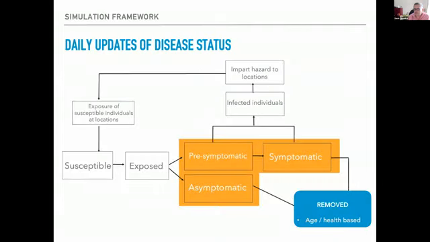Otherwise, we have infected individuals that then impart hazards to locations, and then exposed individuals will potentially, based on those hazards, become cases. As for the removed, there is a severity of being removed, obviously the most severe being death. The effects of having the disease, as to severity, are based on age and previous health conditions.